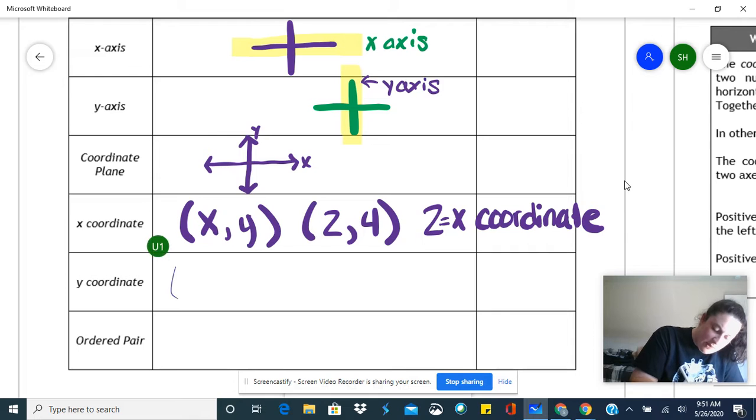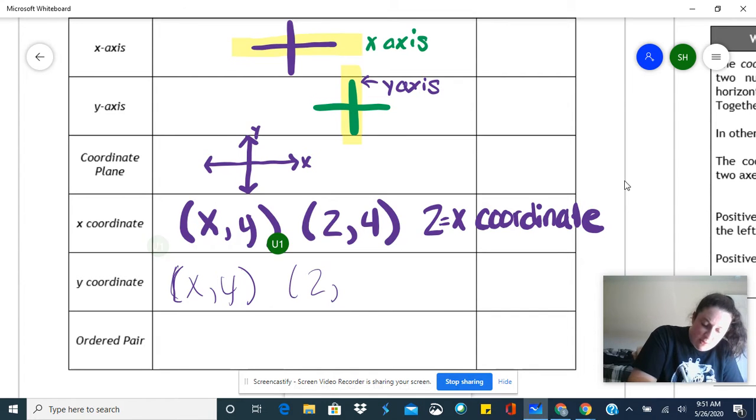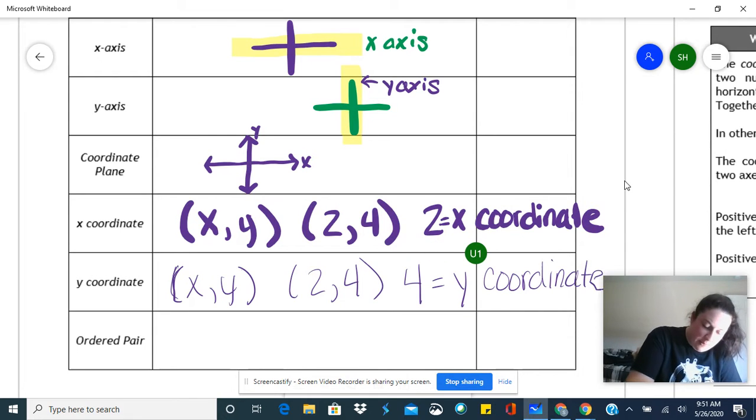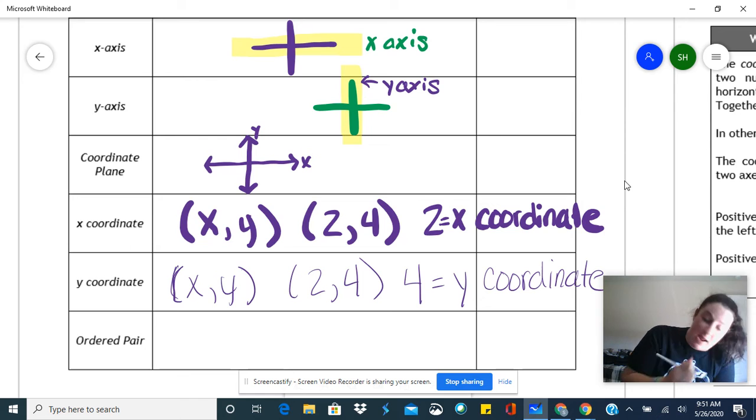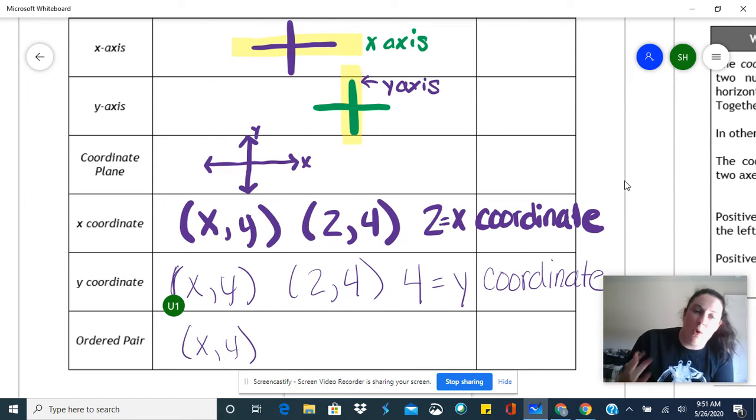Same thing, you have x, comma, y, (2, 4), 4 equals your y coordinate. And then an ordered pair is your entire xy set. So (x, y) is a coordinate pair, both of them. You always have an x and a y.